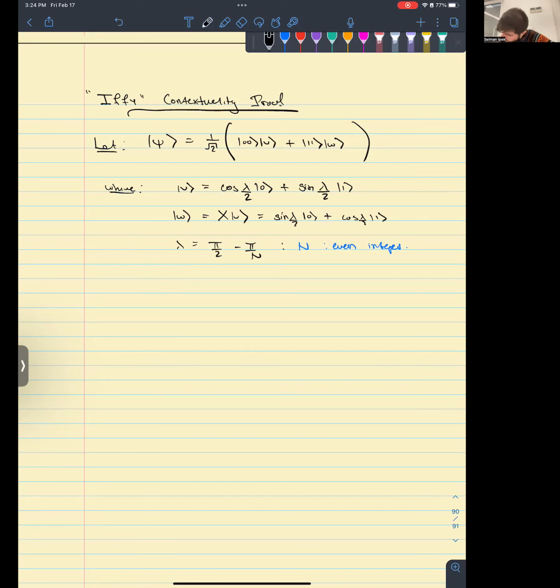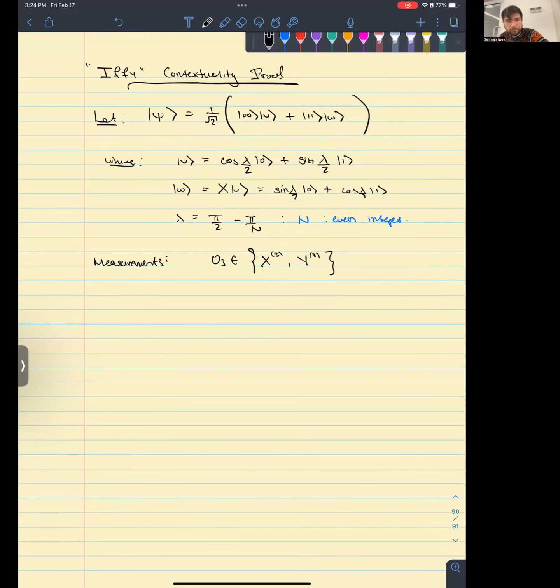So we want to specify what the measurements at each site are. Let's start with the third qubit because it's a little bit easier. The observables that you can measure here are the Pauli X and the Pauli Y, where the superscript just denotes that this is on the third qubit.